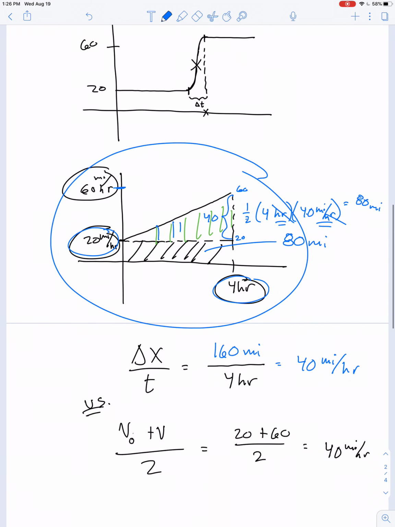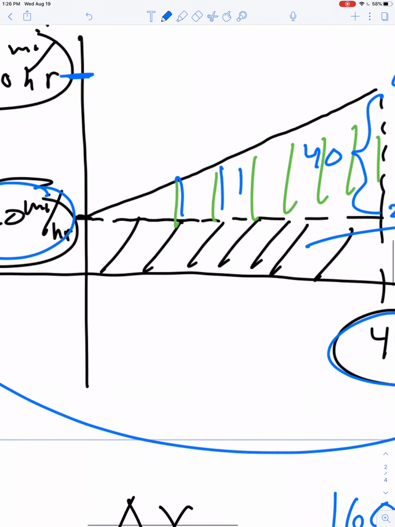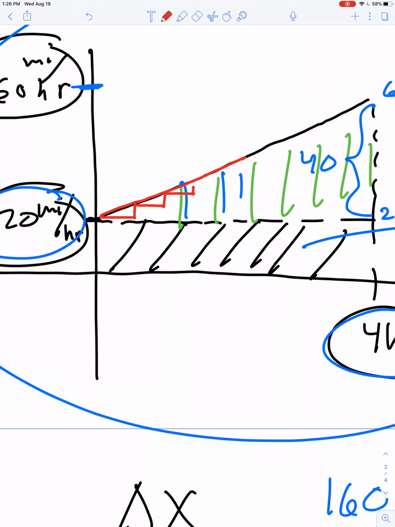Whereas on this graph, I go forward a little bit in time, and there's a little bit of an increase in the speed. I go forward in time again, and there's the same increase in speed. And I go forward again. There's a continuous steady slope to this graph.